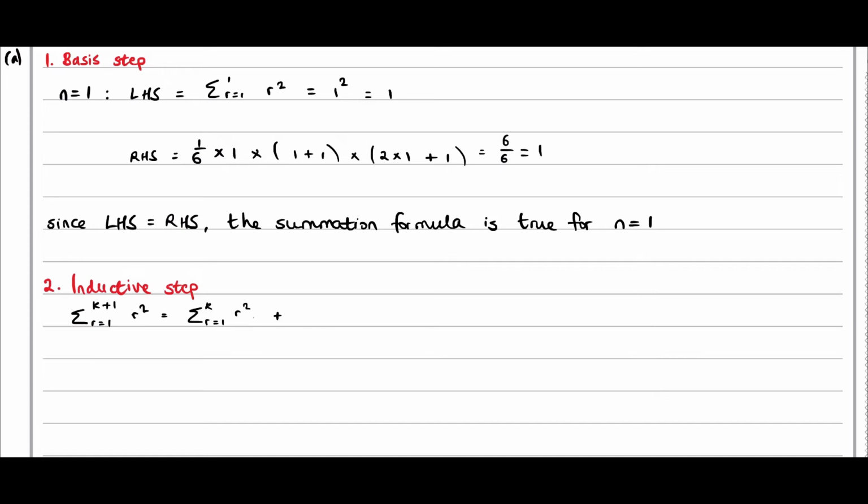So we simply add up the terms up to k, and then we add on the k plus 1th term. So if we substitute in k plus 1 for r, we have k plus 1 squared.